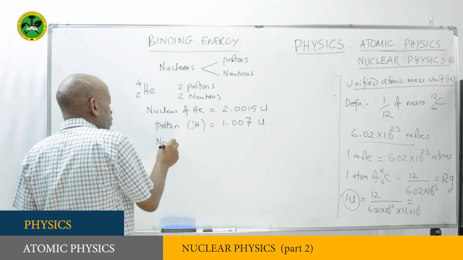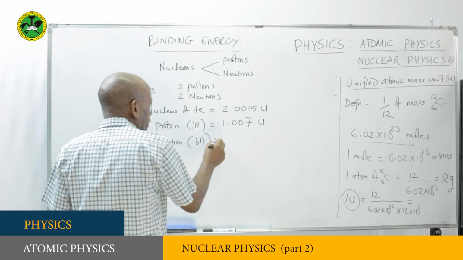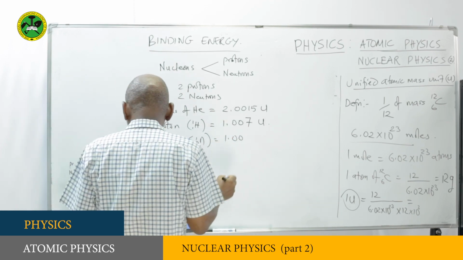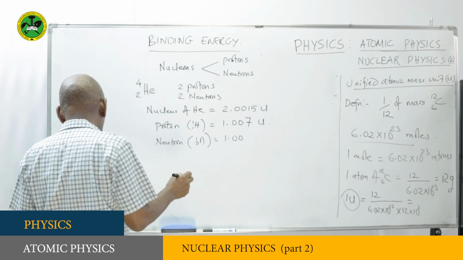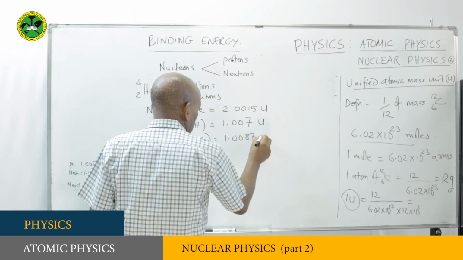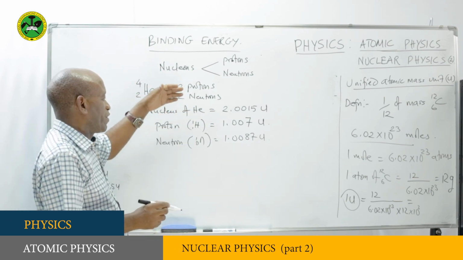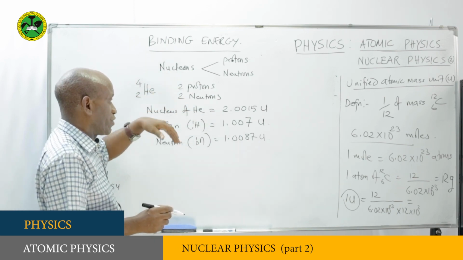And for a neutron, it is equal to 1.0087 U. So these are the unified masses of the constituents, the nucleons.